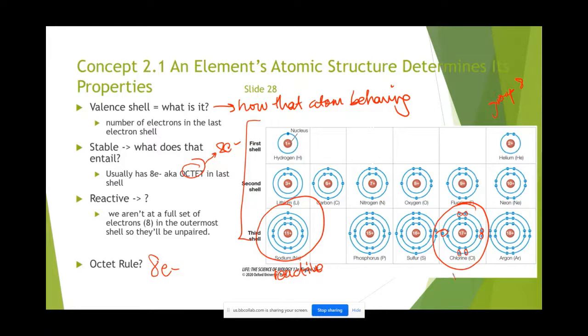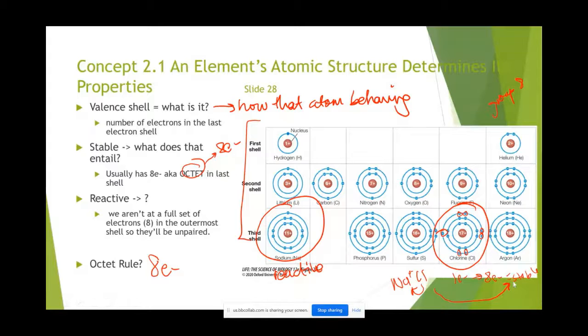It only needs 1 more electron till it becomes 8 electrons and it becomes stable, right? If I put Na with Cl, that Cl is going to grab that last electron and become stable. That's what we call an ionic bond, actually.